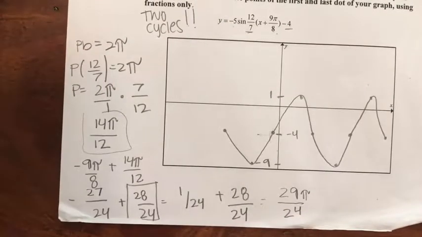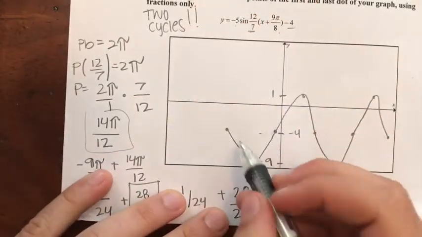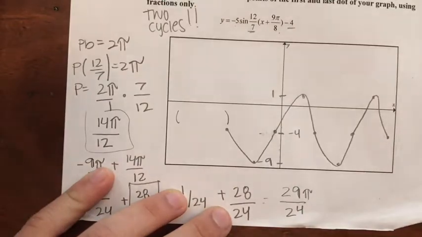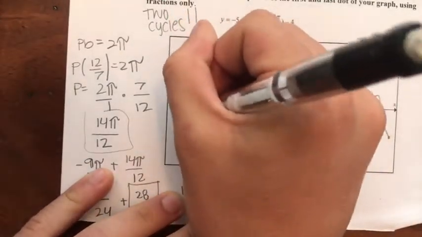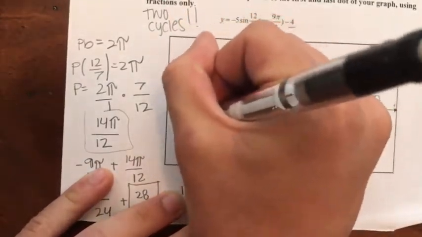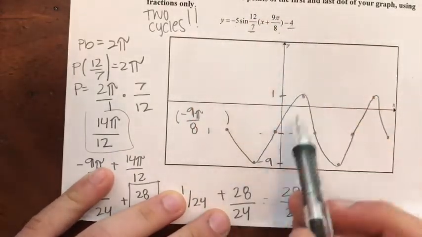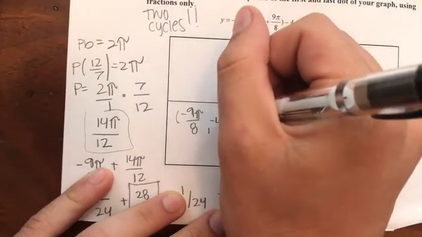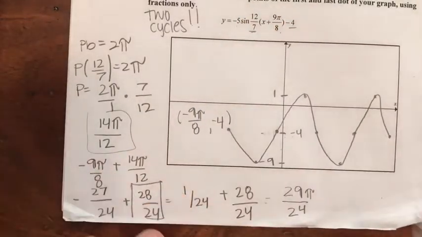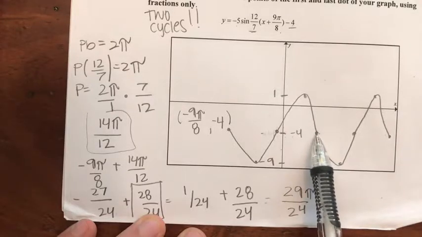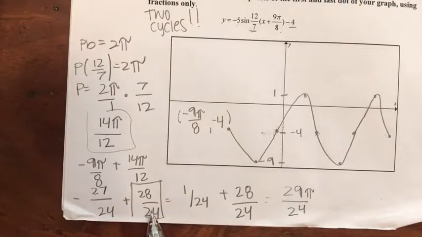Okay, so now I've already plotted the points, and your first point, which was already given to you, you could have done before you did any work. You have negative 9 pi over 8, and then your middle point, which is negative 4. Normally, like in the one before, you would label this coordinate, which we already found to be 28 over 24.